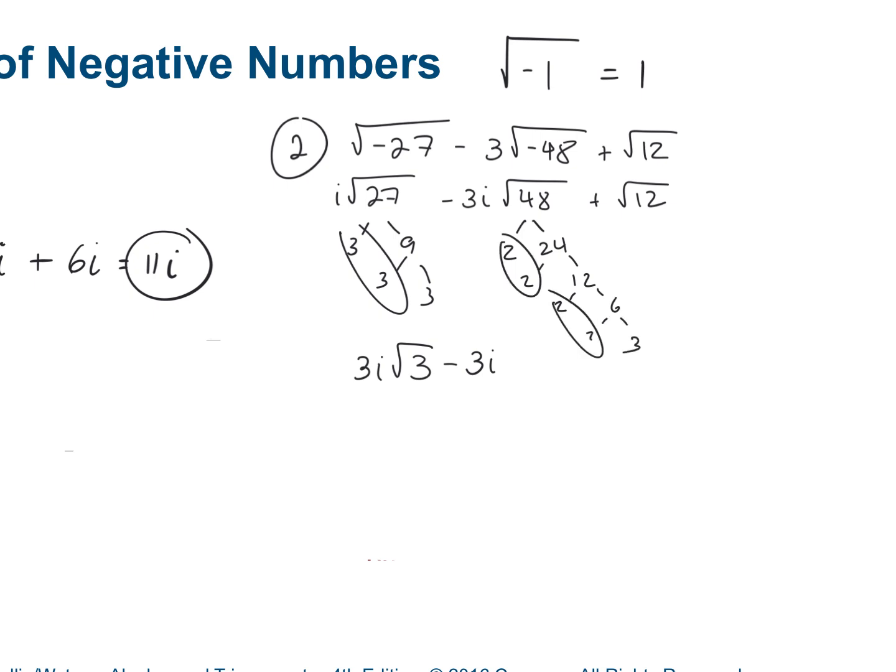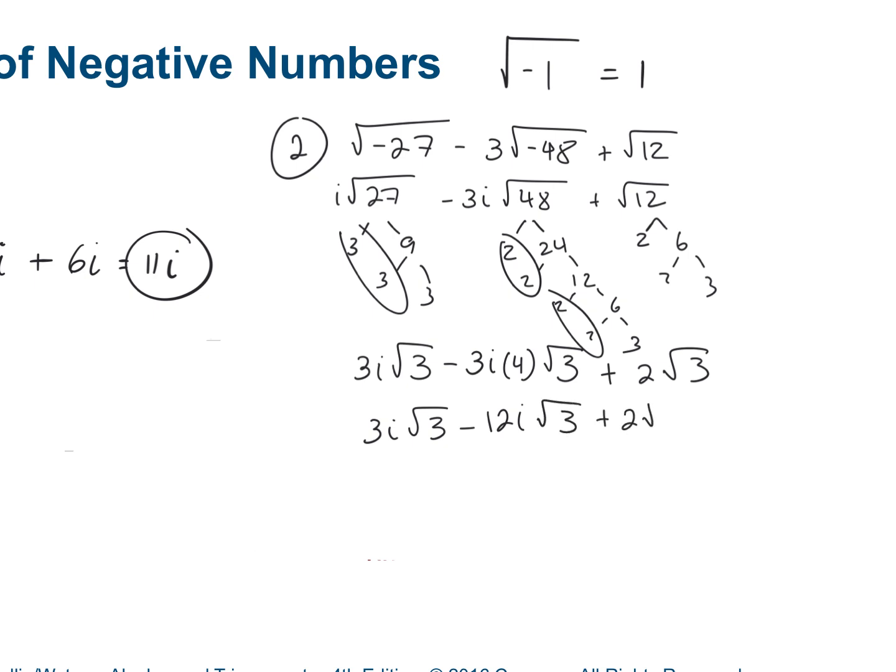So I have 2 times 2, so I would get 4 root 3, plus, let's do the 12. It's going to be 2 and 6, 2 and 3. So again, 2 root 3. So this is going to simplify to 3i root 3, minus 12i root 3, plus 2 root 3.